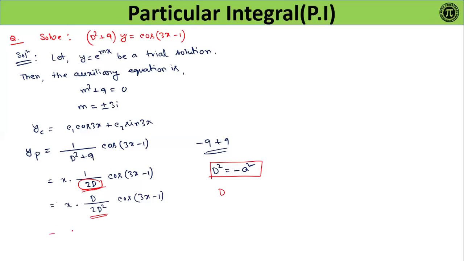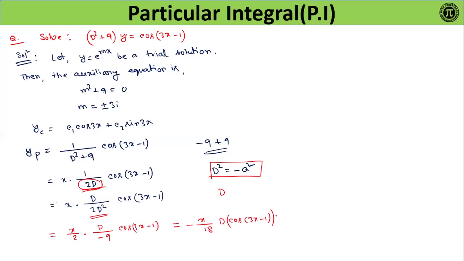So this is equal to x by 2 into D of, D² means minus 3 square, that means minus 9, cos 3x minus 1. So you are getting minus x by 18 D of cos 3x minus 1.